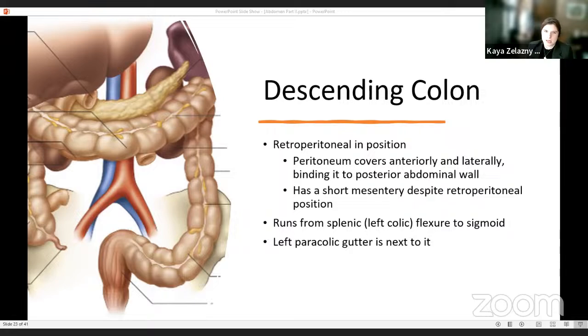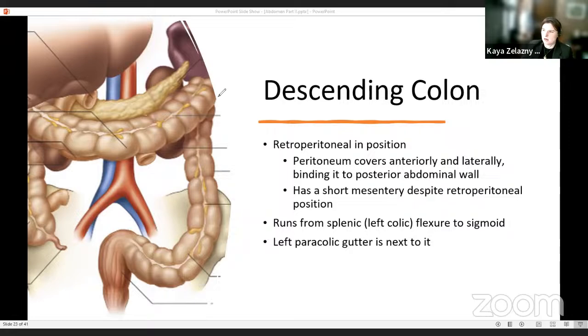So we're going to have peritoneum covering its anterior portion and laterally, but its posterior portion is going to be really bound to that posterior abdominal wall. It'll have a little bit of a short mesentery, but it's not really entering into that intraperitoneal space. Okay, it's not really mobile.